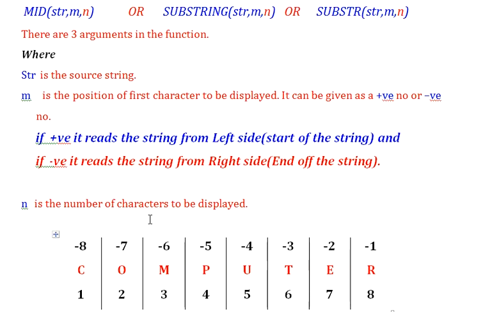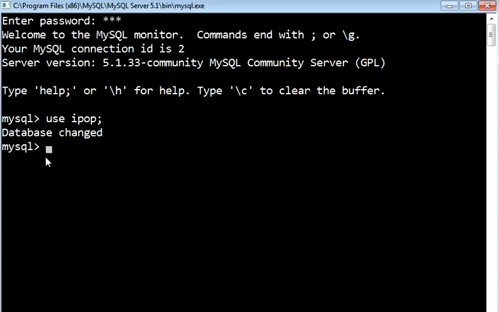Now let us see direct examples on our SQL platform. We can use this directly on a table, or with direct raw data also, you can perform it. Let us take the same computer example and do the operation.